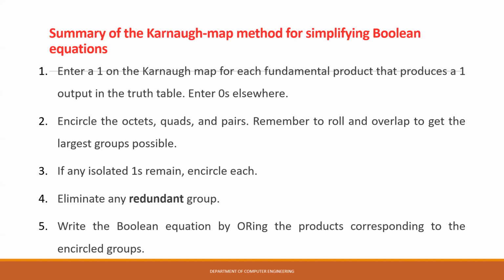We can make the group of 8 ones, 8 successive ones. We can group these ones as an octet, or quads by making group of 4 ones, and pairs by making group of 2 ones.